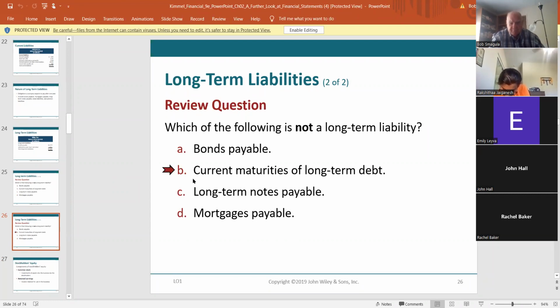The reason the answer is B is that if you've got a 30-year mortgage, the amount that you owe on that mortgage in the first year becomes a current liability. On your balance sheet, you're going to actually see a line that says mortgage payable, and then in parentheses, current portion. And then the long-term portion would be the remaining 29 years. I also don't like the questions where they ask you what is not something. I always stumble on that for a second.